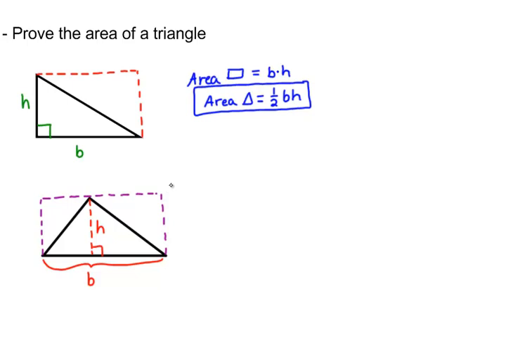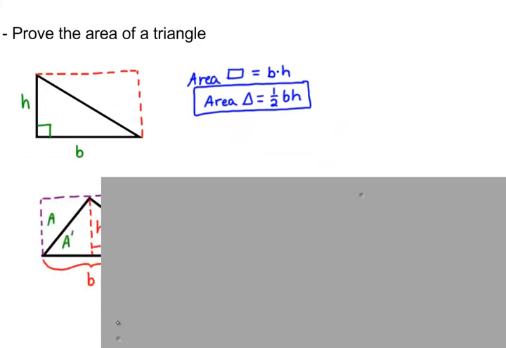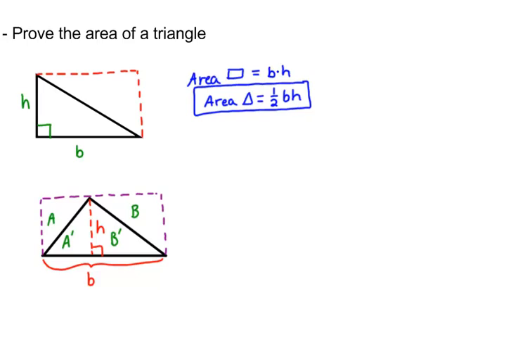And if you could see, we have 4 triangles that are made. We have triangle A. I'm going to call this A prime. I'm going to call this one B prime, and we'll call this one B. So A prime, and B prime. Okay, if we look very carefully, I cover that up. I have a rectangle, and A and A prime are equal to each other.